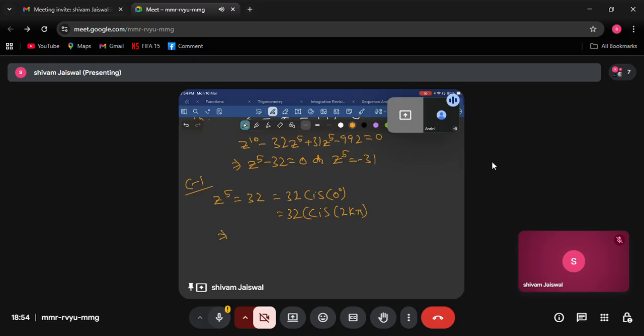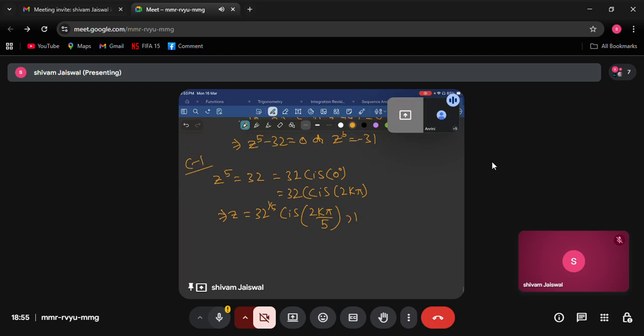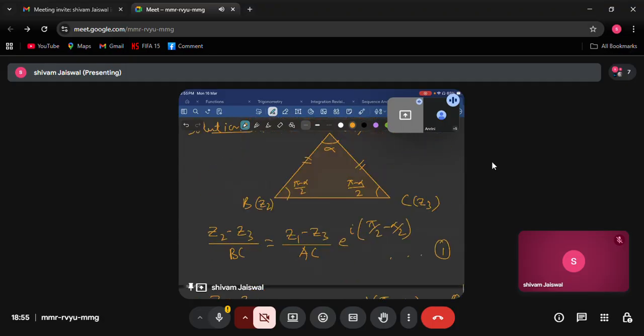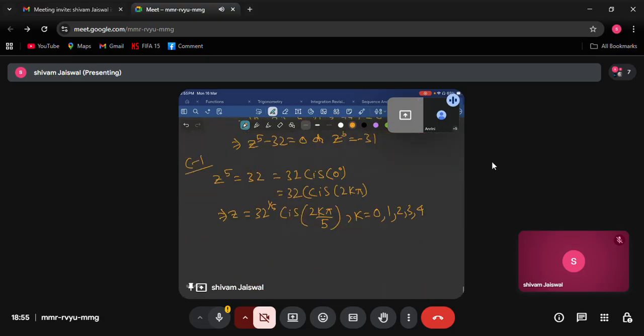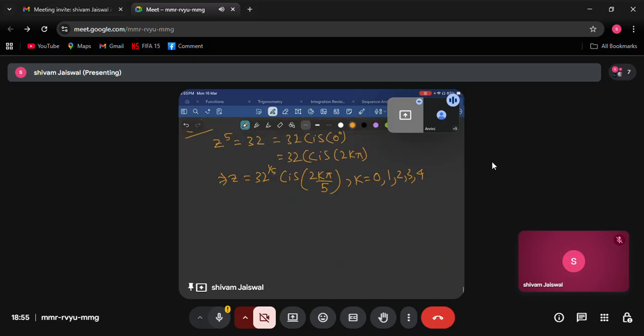So Z is equal to 32 to the power 1 by 5 into cis 2k pi by 5, for k equal to 0, 1, 2, 3, 4. We need to find those complex numbers which have negative real parts. For k equal to 0, will you get a negative real part? No, sir.